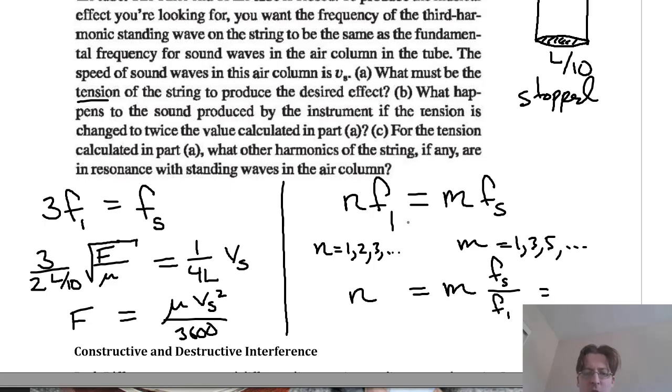But remember, the fundamental in the air column divided by the fundamental of the string is just equal to 3. So this is equal to 3M. Which means that the harmonics of the string which resonate with the tube are the n values which are 3 times the odd integers. In other words, we can make a list of all the different resonances.